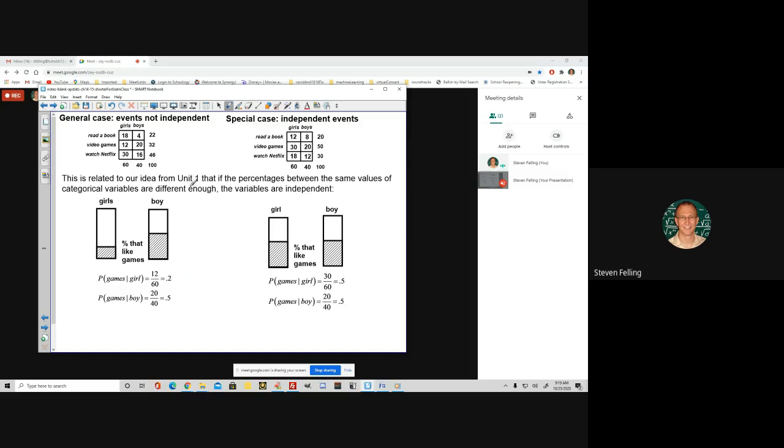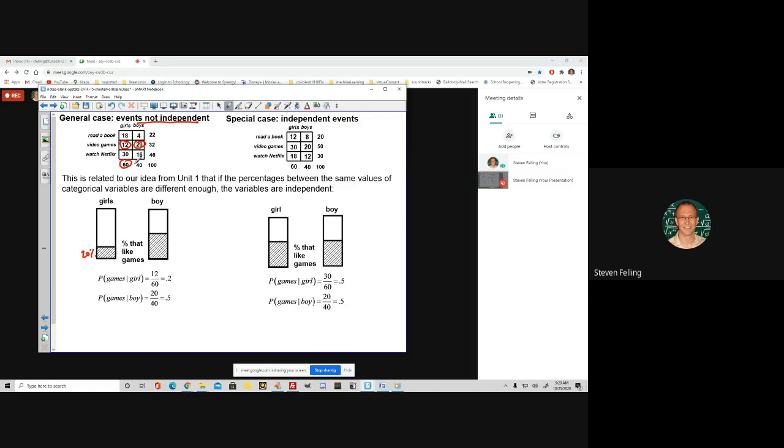You remember before we said that events are independent if the percentages are staying the same across the different bars. If we used a segmented bar graph to show the percentage of people that like games and don't choose games as their favorite option, in the non-independent case over here, we would have that, let's say, 12 out of 60, or 20%, of people chose games in the girls, right?